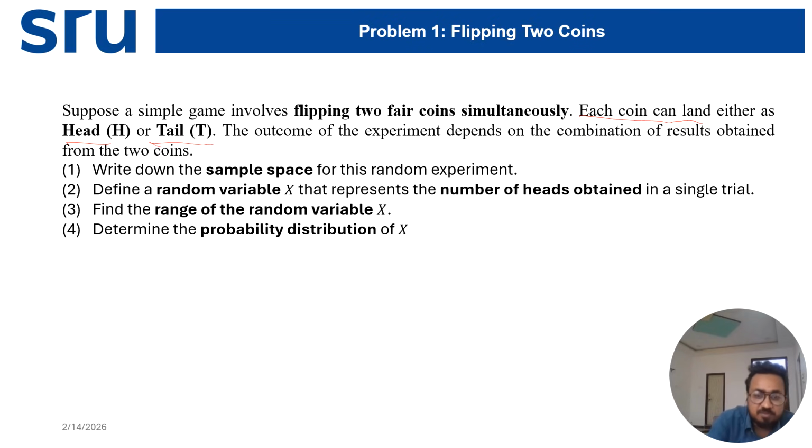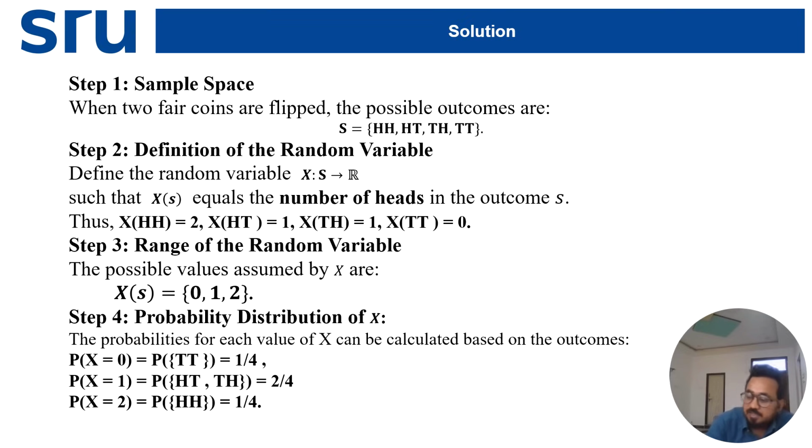Now let us solve this question. First we will find the sample space. The sample space for this random experiment will be S equal to {HH, HT, TH, TT}. Now define the random variable X from S to R such that X(s) is equal to the number of heads in the outcome s.